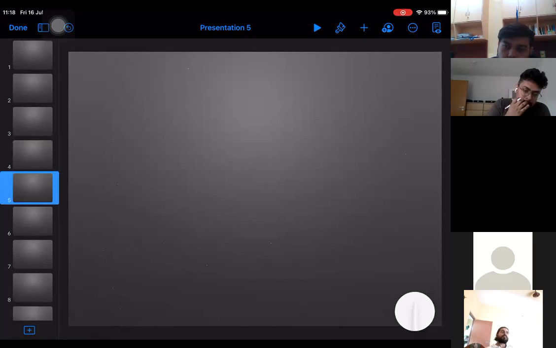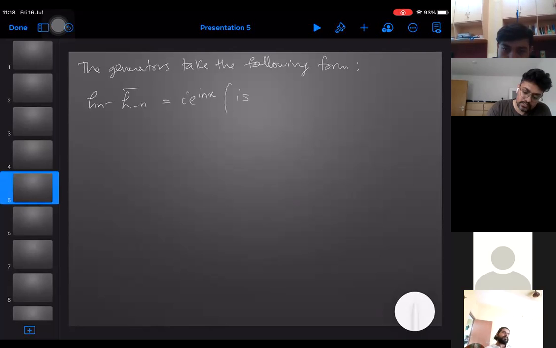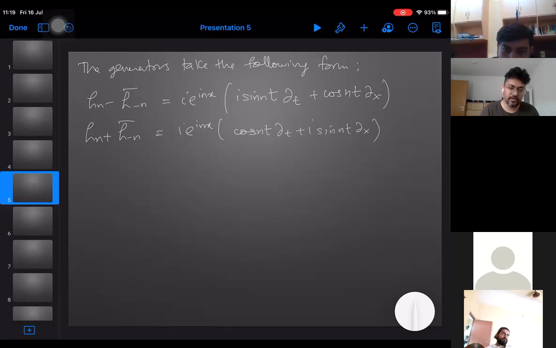So in these coordinates, the generators take the following form, which are then given by, if you do a linear combination of them, sin nx, I sin nt del t plus cos nt del x, whereas your other combination is just this, cos del t plus I sin del x.